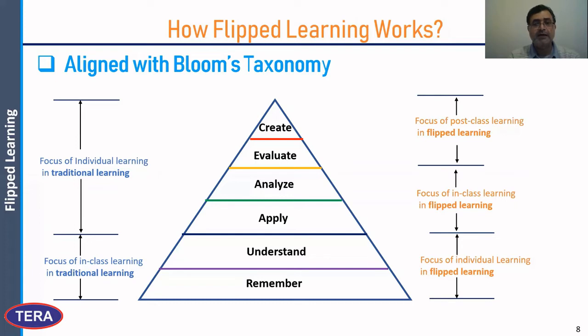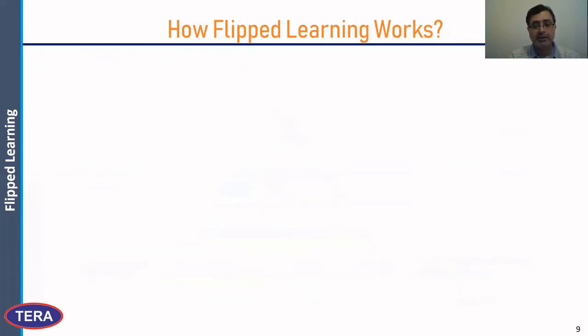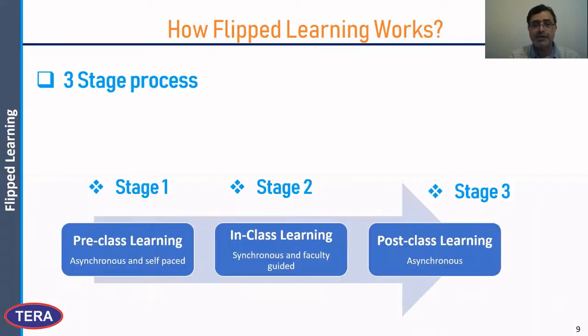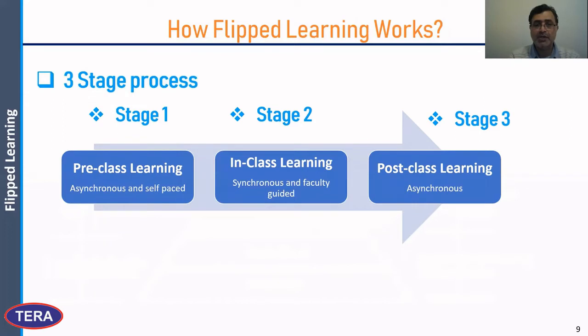Now, the whole idea of flip can also be better understood through a three-stage process: stage 1, stage 2, and stage 3. Stage 1 is all about pre-class learning, which is asynchronous and self-paced. Stage 2 is all about synchronous, faculty-guided activity.